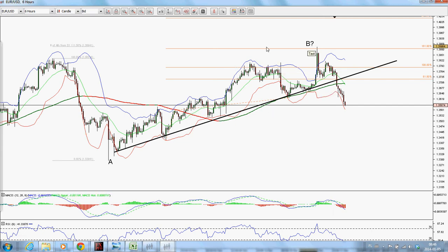Because this is a smaller A, which developed as a zigzag, this is a smaller B, and this was a C.